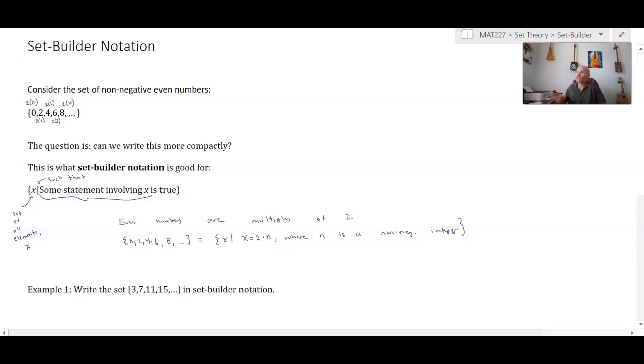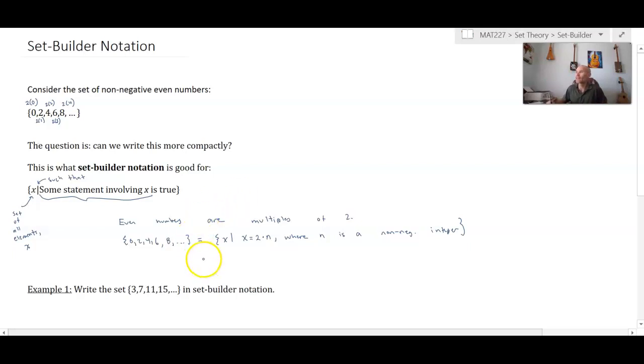And now I've fully described all even numbers, because every even number, you can factor a 2 out of it, and then the other factor could be 0 or 1 or 2 or 3 or 4. It really just depends on the even number. But every even number can be described in this way. We just don't know what that other factor will be. It depends on how large that even number is.